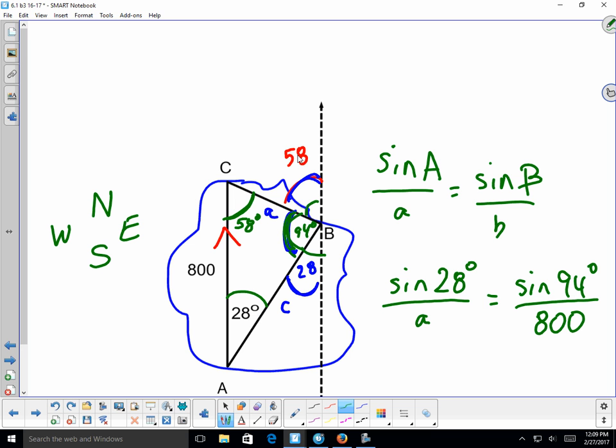You're cross multiplying and solving. Danny? I got 376.49. I'm going to go 376.5.